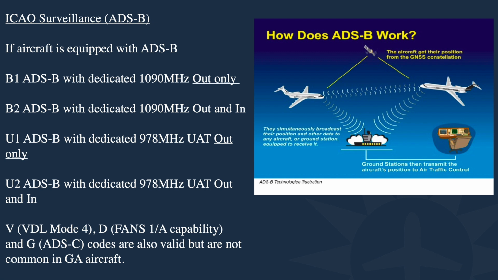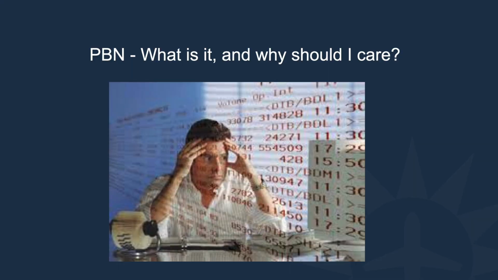All right, now we're going to get up to PBN. And this is kind of how I felt when I started trying to figure out everything there was about ICAO codes and especially the PBN codes, because some of it's just not logical and there's a lot of variations on the PBN codes and it just kind of made my head hurt. So, PBN, what is it and why should I care?